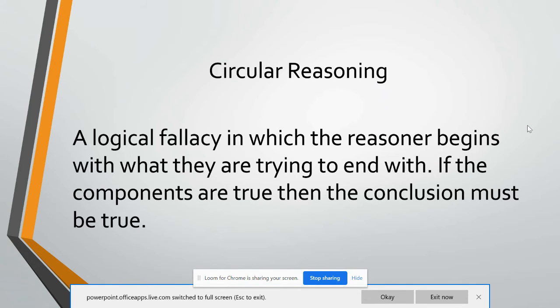Circular reasoning. This is a logical fallacy in which the reasoner begins with what they're trying to end with. If the components are true, then the conclusion must be true. So someone could say, I am an A student. I always get A's.